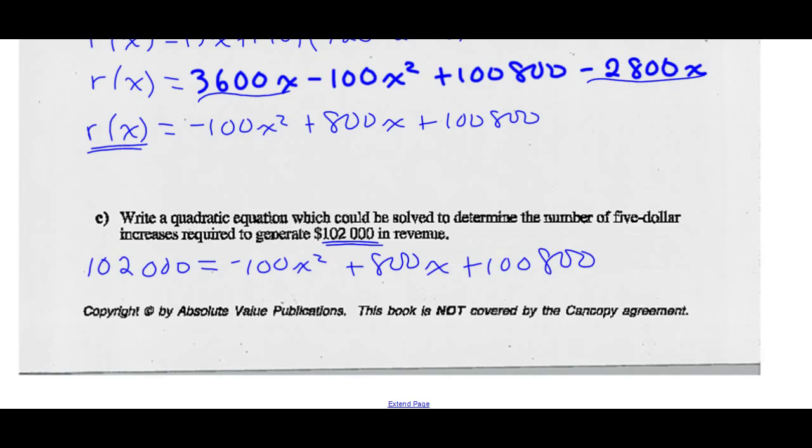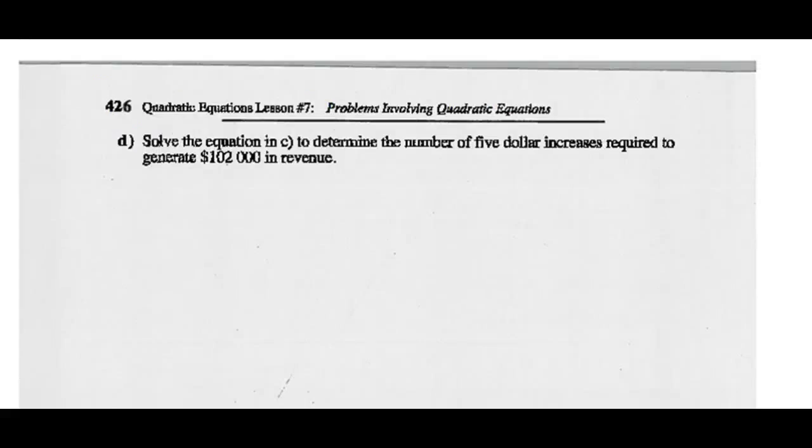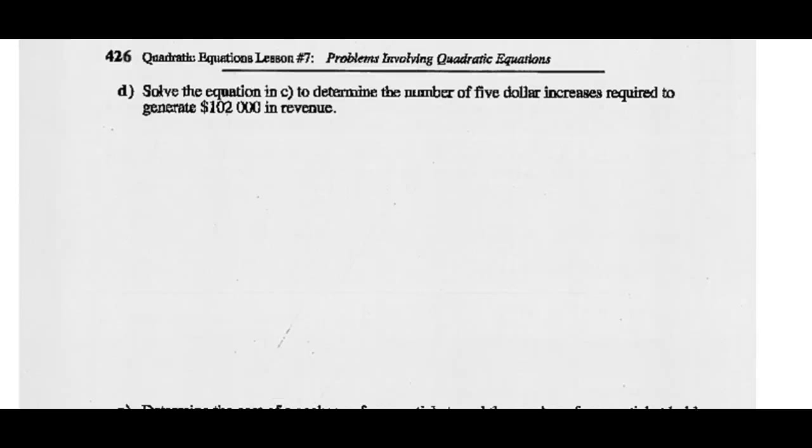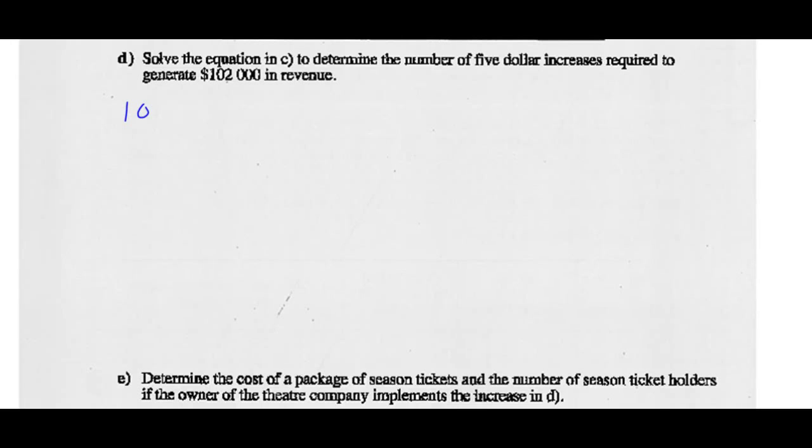All right. So you're going to go to the next page now. It asks you to solve this quadratic equation. Solve the quadratic equation in C to determine the number of $5 increases required to generate $102,000 in revenue. So we said that equation looks like this.